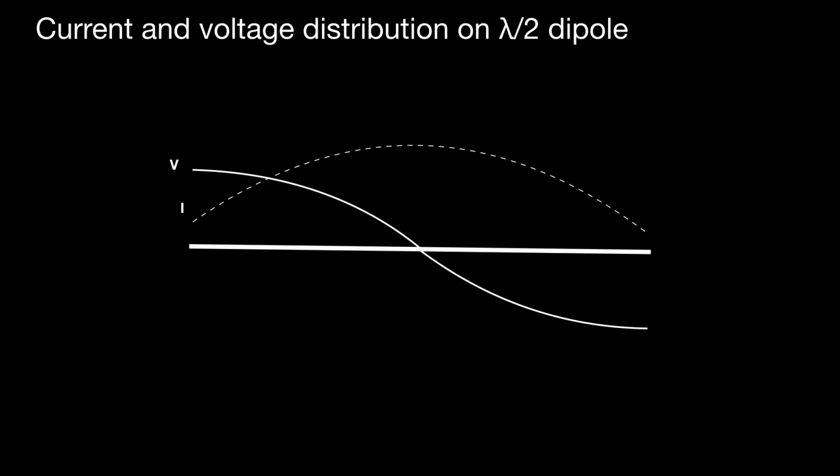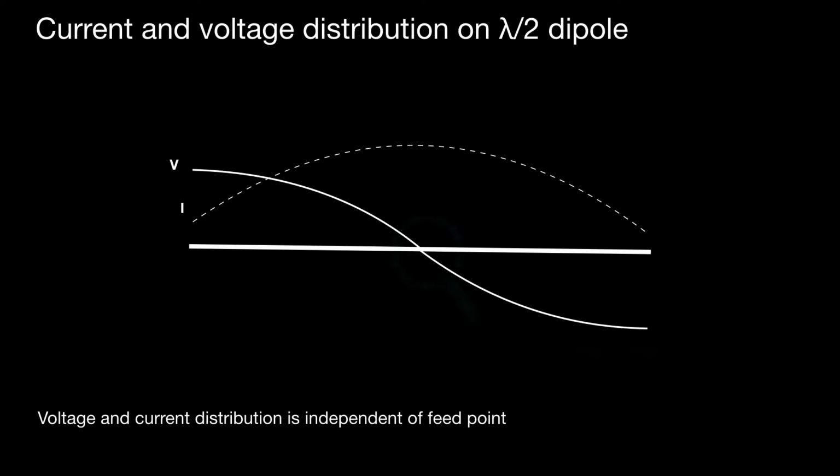Now, it's worth noting here that the voltage and current distribution is independent of feed point. So whether you feed it from the end or feed it from the center, the voltage and current distribution is the same. Let's have a little look at the center of it.